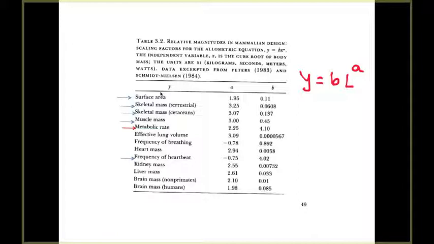So for the skeletal mass of a terrestrial animal, you can see that the mass of the bones scales like the 3.25 power. So it is more than 3, but less than 4, which we predicted, right? If the animal's strength had been kept constant, then A would have to be equal to 4.